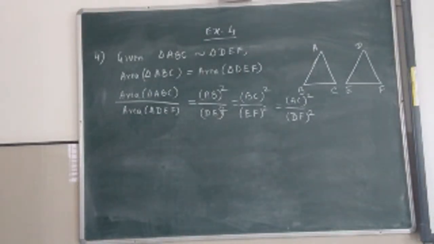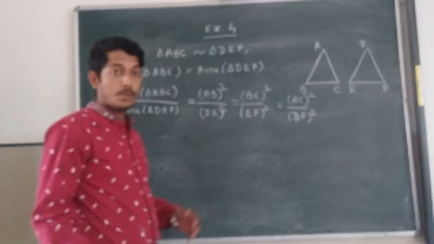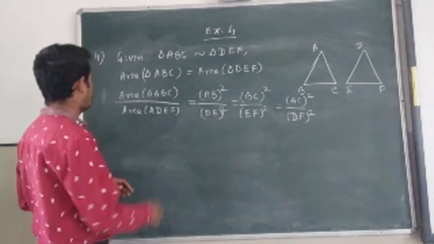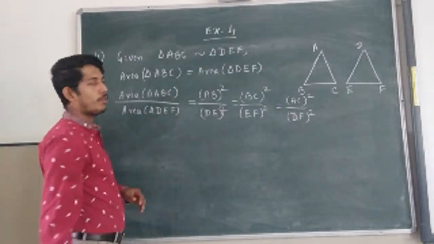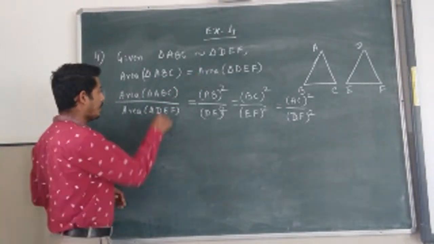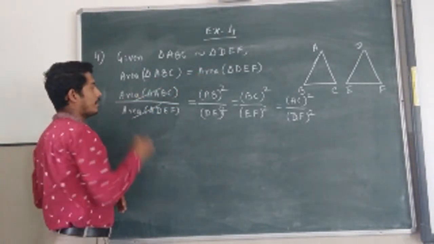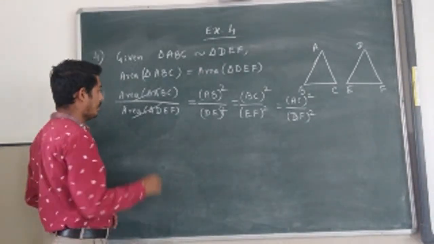The areas of the two triangles are equal, it is given, and when the two triangles are similar, we can write the ratios of the squares of the corresponding sides as equal to each other. Now we have to prove the two triangles are congruent to each other. Since the area of triangle ABC equals the area of triangle DEF, the ratio becomes 1.